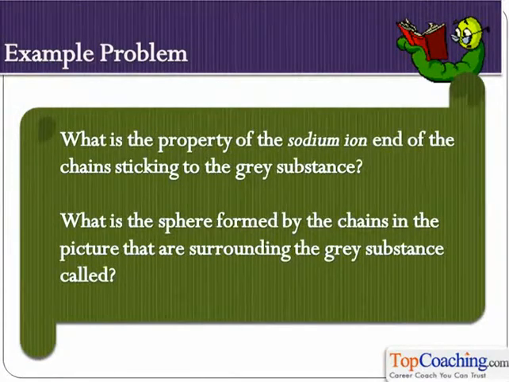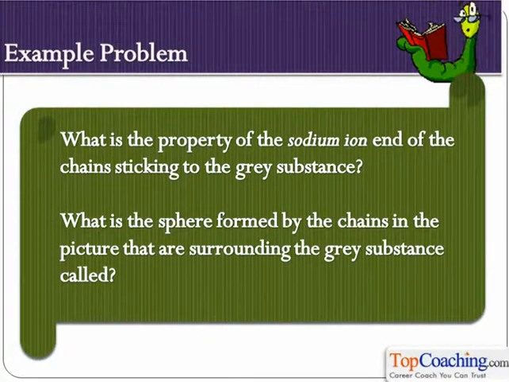What is the property of the sodium ion end of the chains sticking to the grey substance? What is the sphere formed by the chains in the picture that are surrounding the grey substance called? Well, this question has many parts, but all these parts are easy. Let's solve each part one by one.